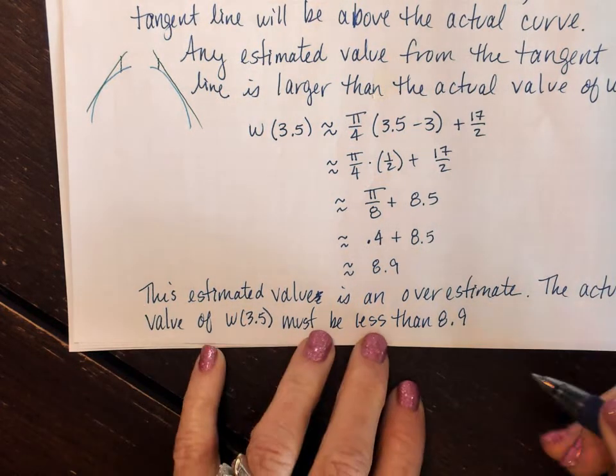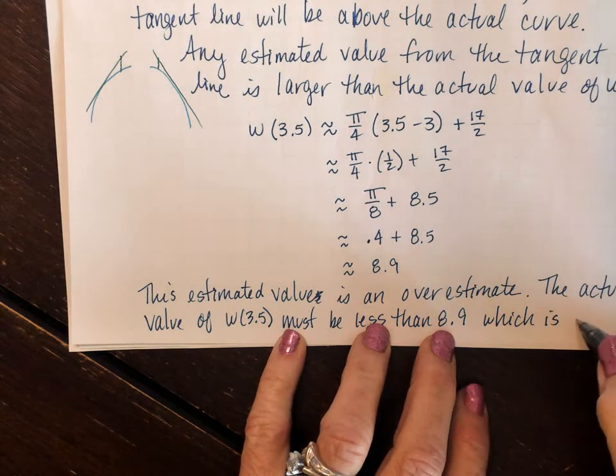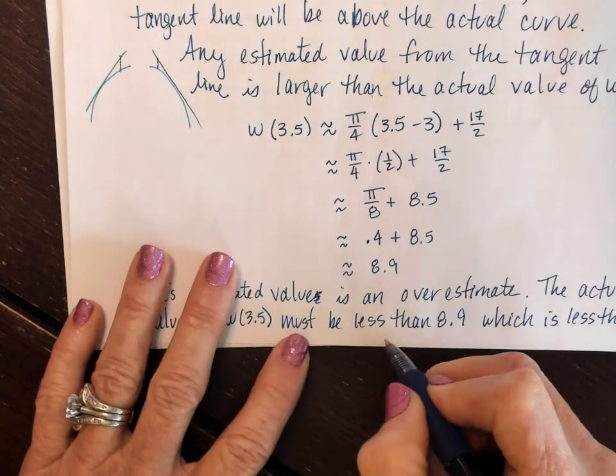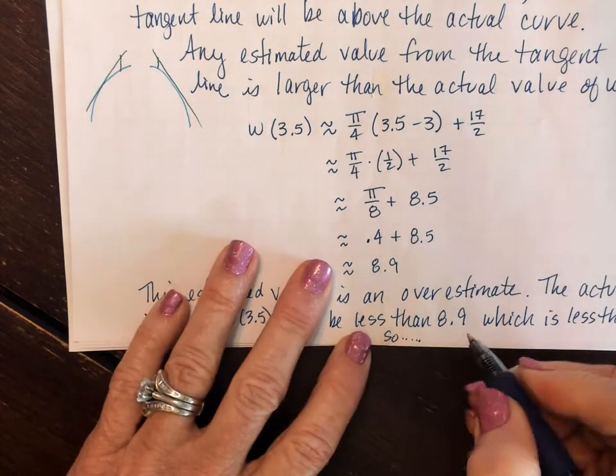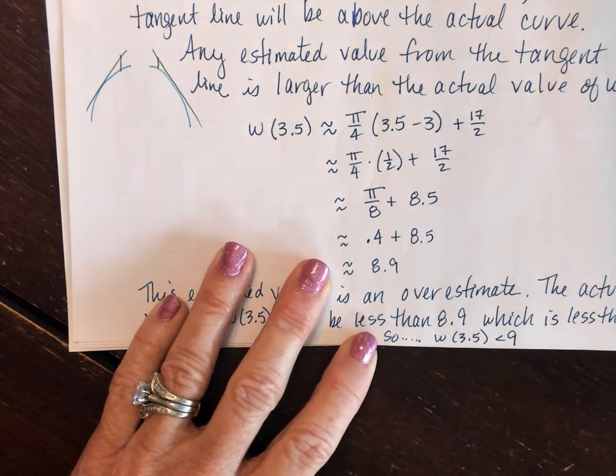Less than 8.9, which is less than 9. So W of 3.5 is less than 9.